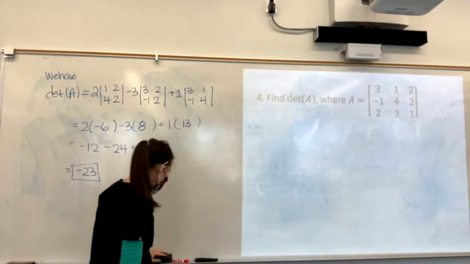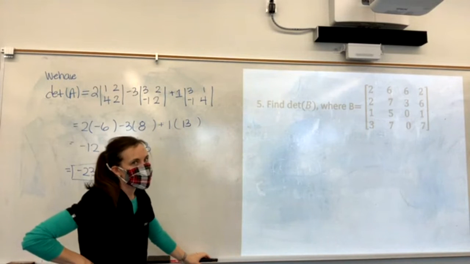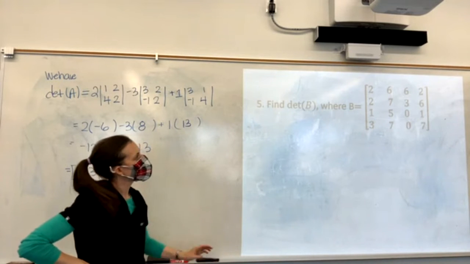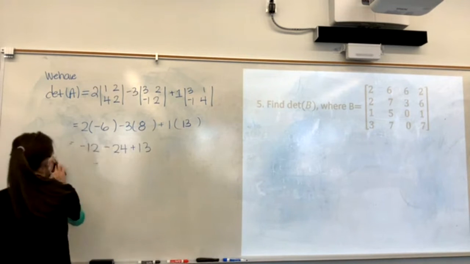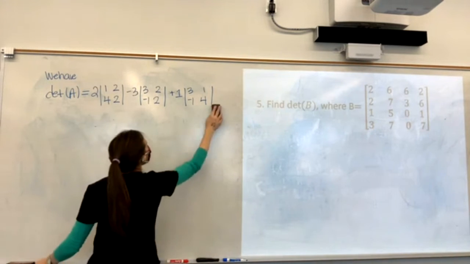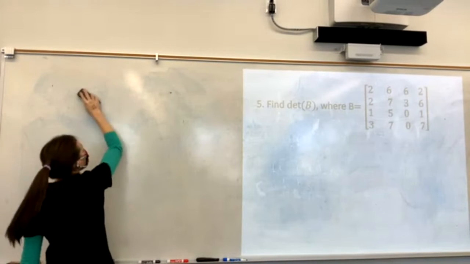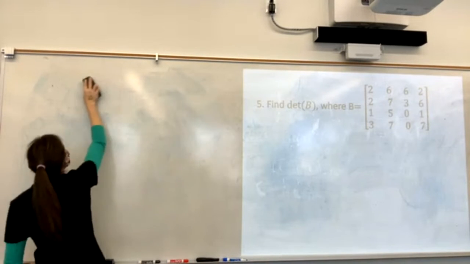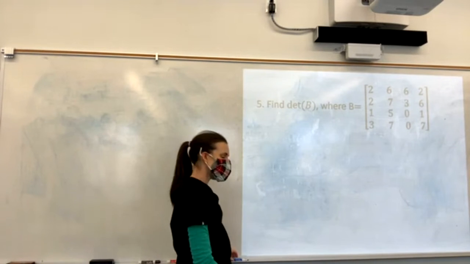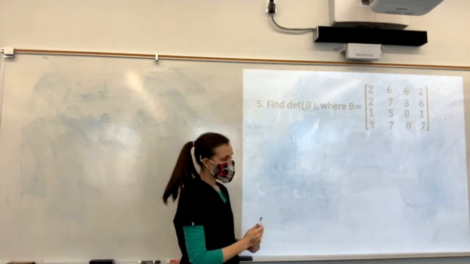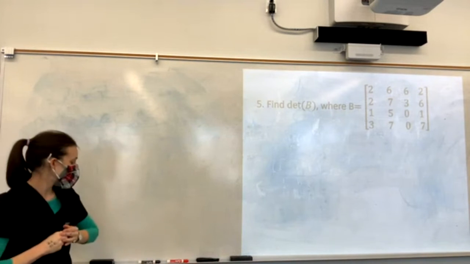Okay, now we've been picking on 3 by 3 matrices a lot. Uh-oh. All right, so let's go bigger. Now, in theory, you can work your way across any row or down any column that you like.